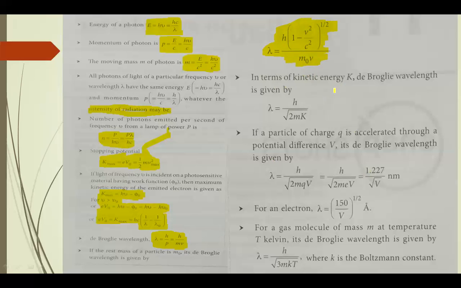The de Broglie wavelength in terms of kinetic energy is given as lambda is equal to h divided by square root of 2mK. If a particle of charge q is accelerated through a potential difference V, then this will be the lambda in terms of V. Finally, if you substitute all the values, you'll get 1.227 divided by root V in nanometer.